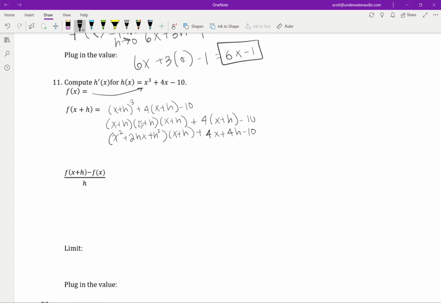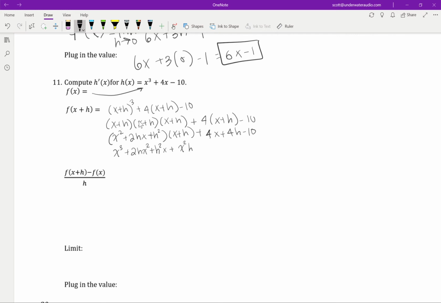Now I'm going to multiply these two together, and I do that by first multiplying every term on the left by x, and then multiplying every term on the left by h. So if I do that, I get x cubed plus 2hx squared plus h squared x. Now I'm going to multiply it by h: plus x squared h.